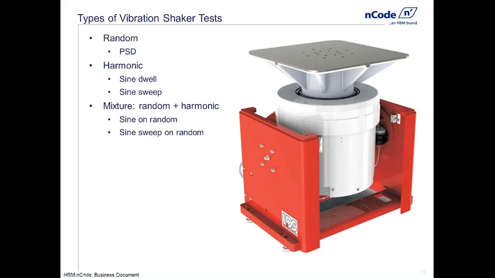An electrodynamic shaker like this is controlled in such a way that it will move the crosshead or the platform up at the top that will have the device on test bolted to it. It'll shake that. It'll move up and down just like a speaker would move up and down to cause vibration and cause sound. This is shaking up and down at different frequencies and different amplitudes to cause vibration cycles.